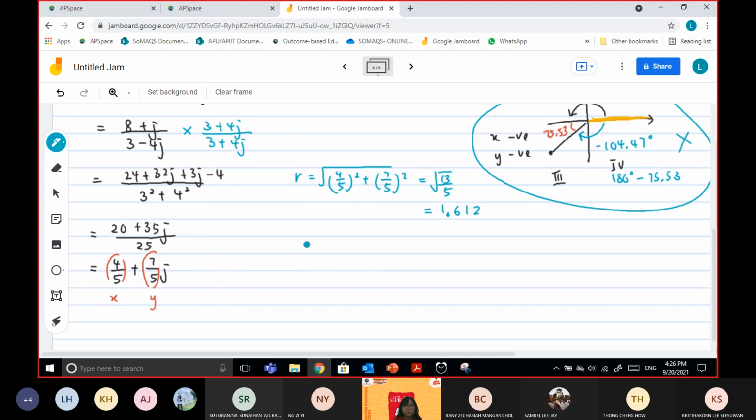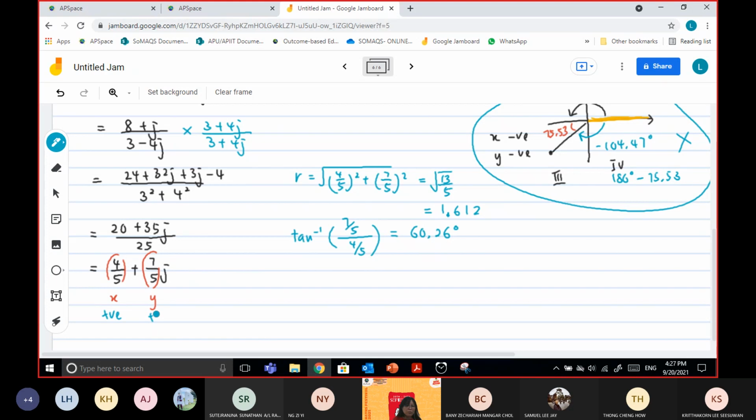Then next is arctangent, y divided by x. So 7 over 5 divided by 4 over 5. Okay, so the angle you get is 60.26. Now x positive, y positive.